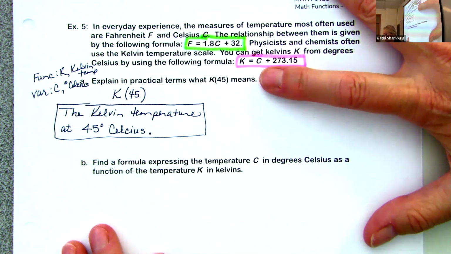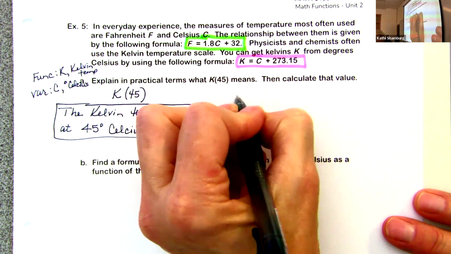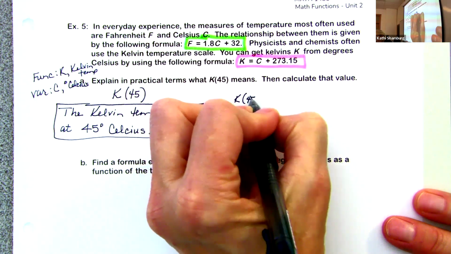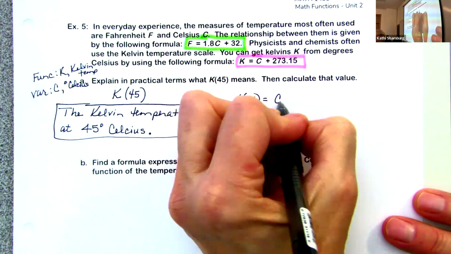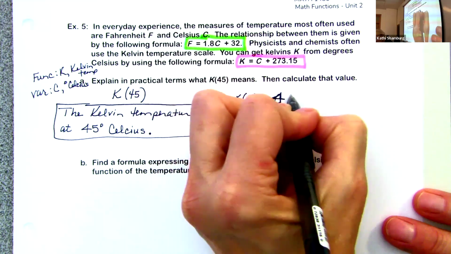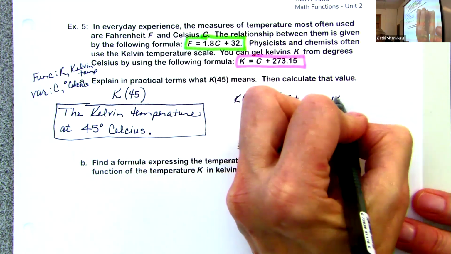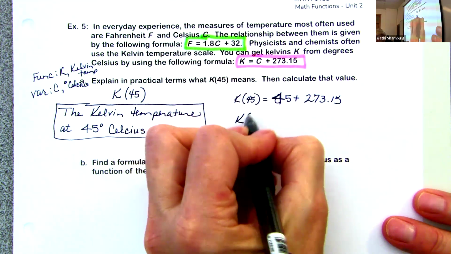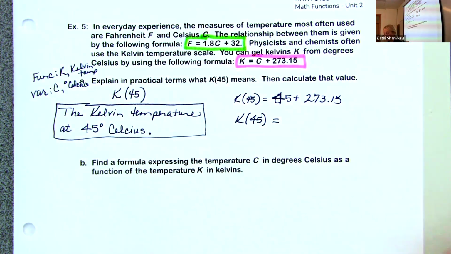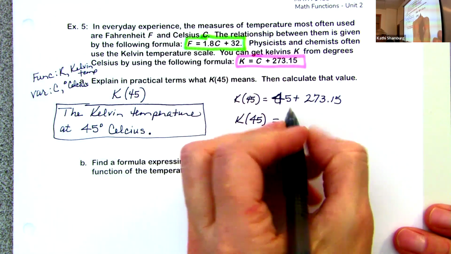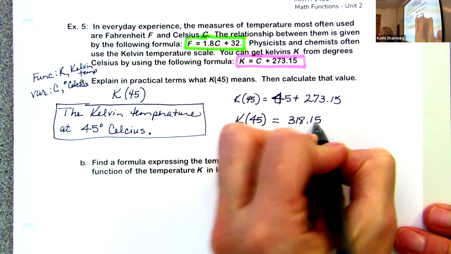Now, the second part says, go ahead and calculate that value. So now we're going to do K at 45. So that will be 45 plus 273.15. It's just a matter of adding those. So what do you get? 318.15.